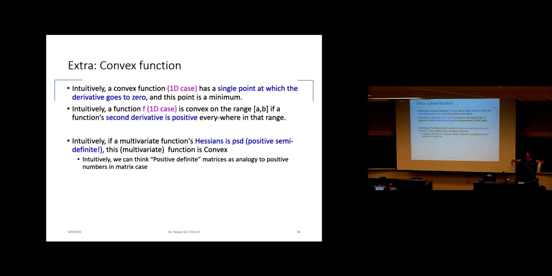It's convex because of the form of the Hessian, or the second order derivative. I'm abusing terms in a few cases.